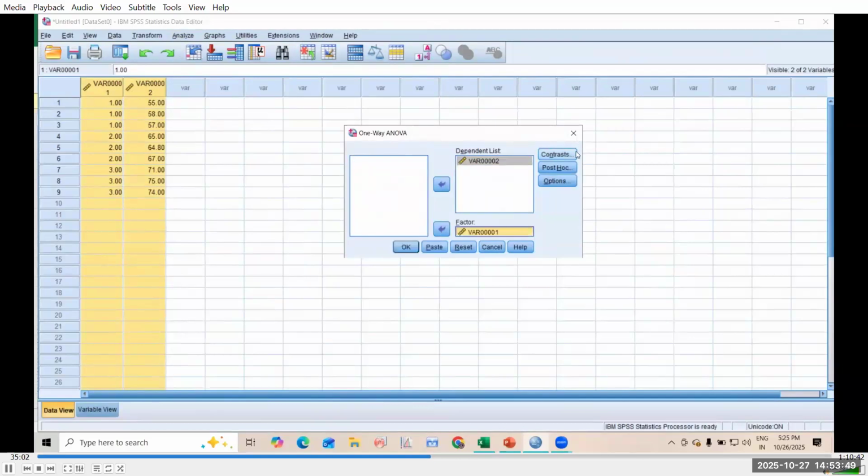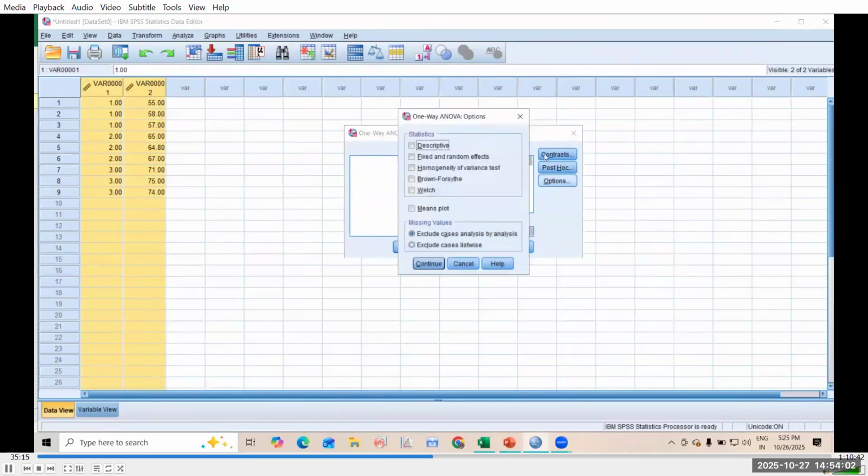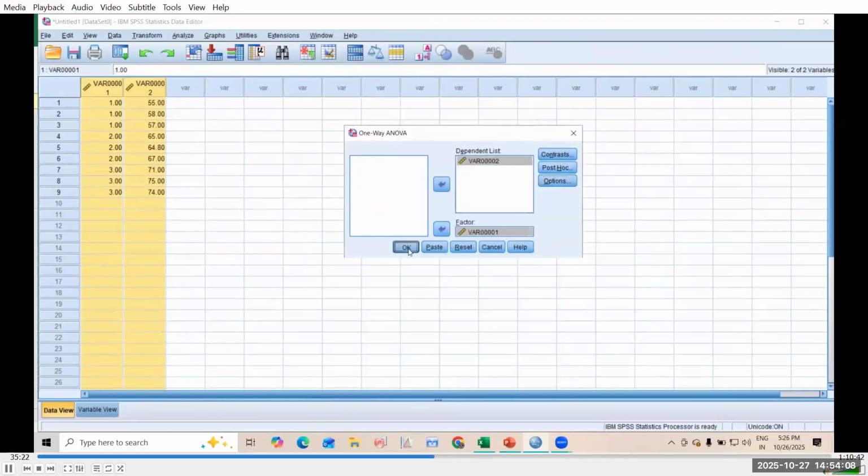Here no post hoc will be applied because I'm showing how one-way ANOVA shows the significance level between three different temperatures. We'll just go for the descriptive statistics. Okay, then click OK.